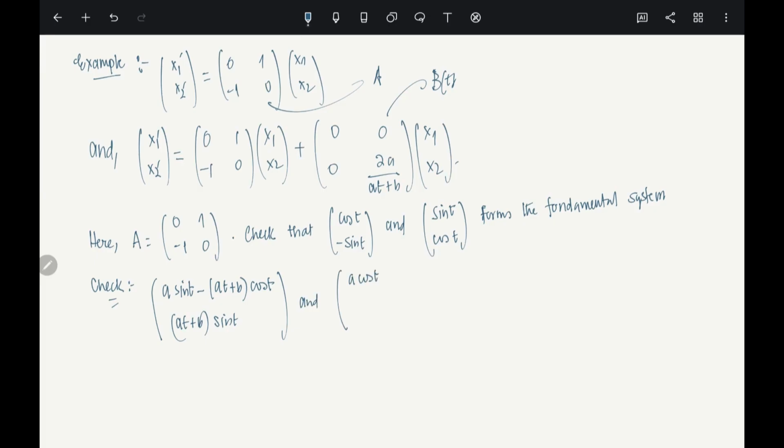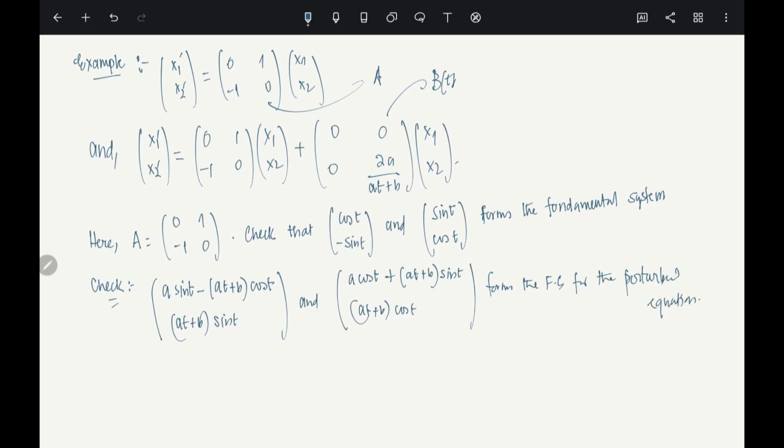To be very frank, this is one of those systems which can be solved: variable coefficient, but still it can be solved. I did not do it, but you have to check it yourself.